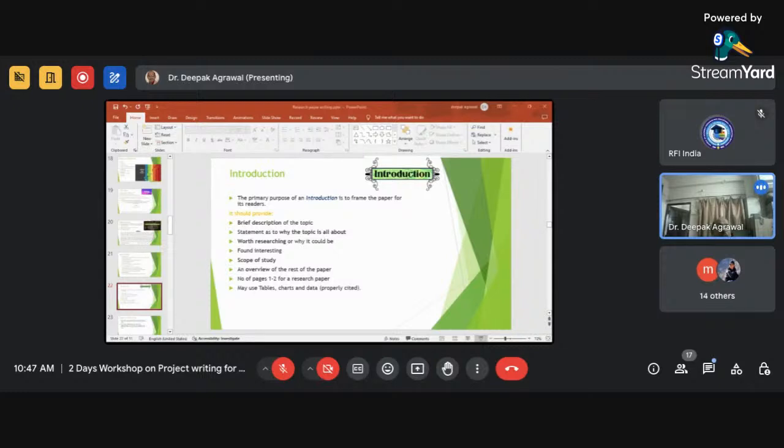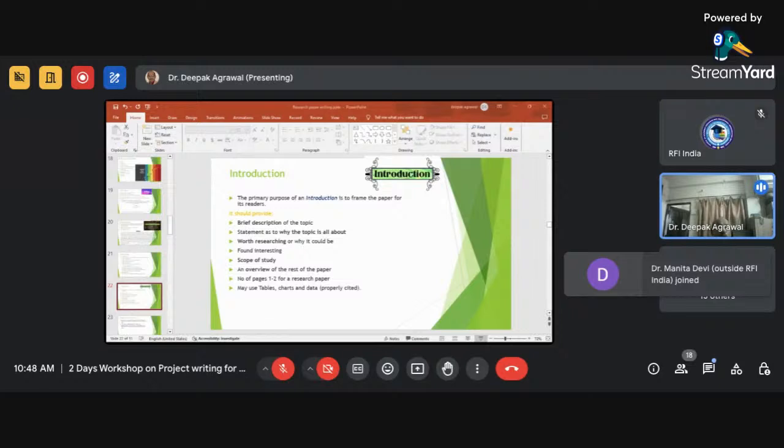It must provide a description of the topic, a statement of what the topic is all about, why it is worth researching, and why it should be found interesting. Scope of study must be there. There should be an overview of the rest of the paper. So at the end of the introduction, you will provide the flow, chapterization, how you have proceeded in your work.